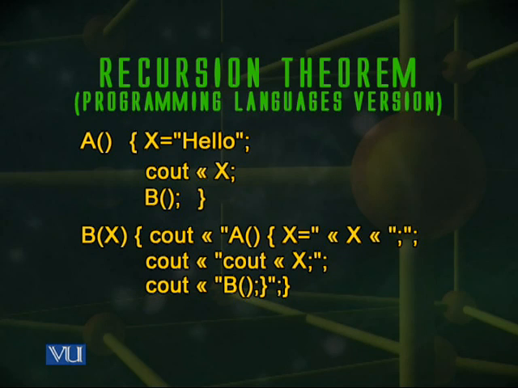All it does is it assigns X to the string hello and then prints out X, and then after that calls B. The function B does the following thing. It tries to print A. So the function A just assigns X to a string hello, prints that string, and then calls the function B. The function B is going to try to print the function A, but in a very tricky way. Let's have a look.